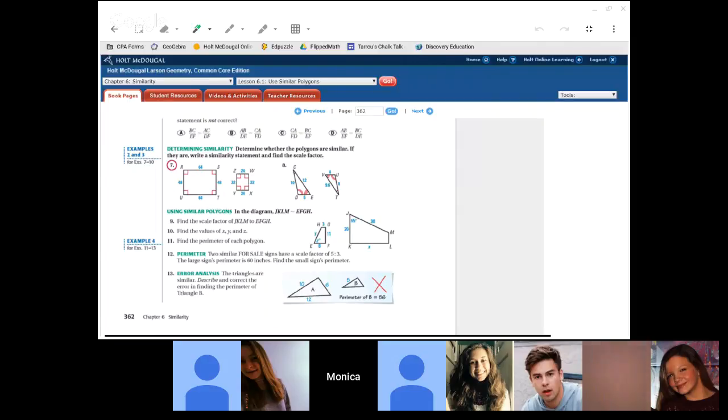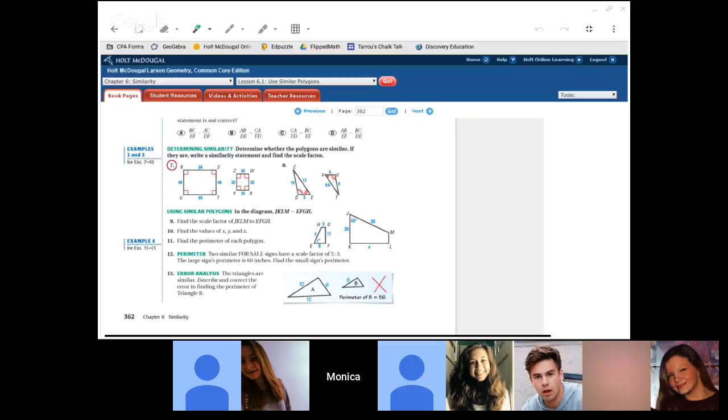So Isabel, for number 9, you're supposed to find the scale factor of JKLM to EFGH. So you're going to have to either redraw one of the figures or flip it mentally so that you can kind of see which sides correspond to which sides. That way you can make your scale factor.